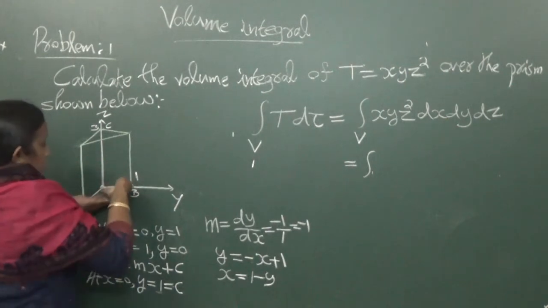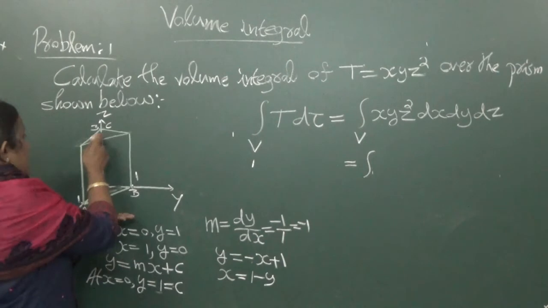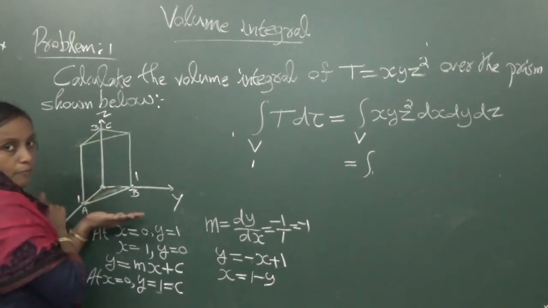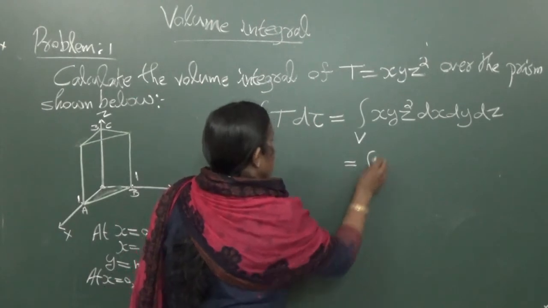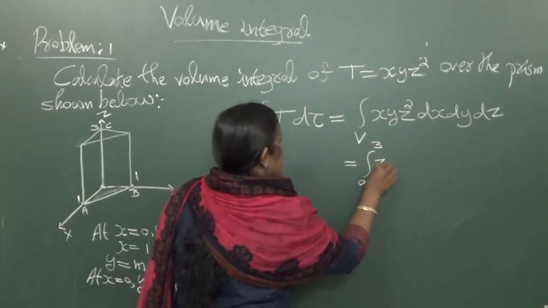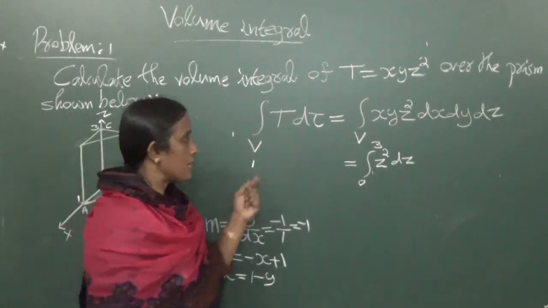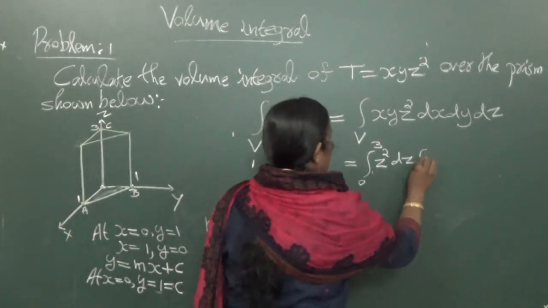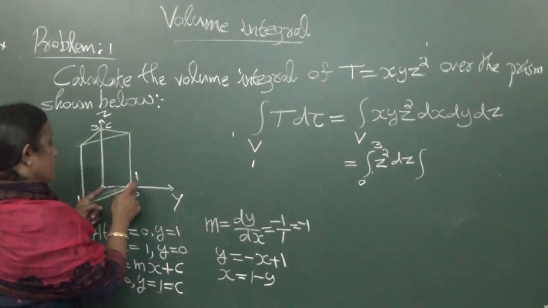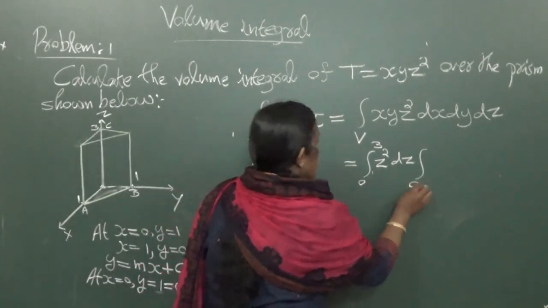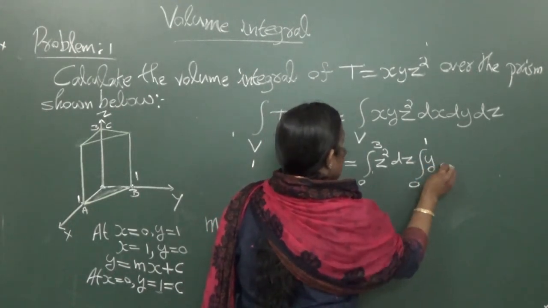Once you get this area, you can integrate along this z axis to reach up to this height, c. So 0 to 3 z square dz. Then comes the integral, here 0 to 1, 0 to 1 y dy.